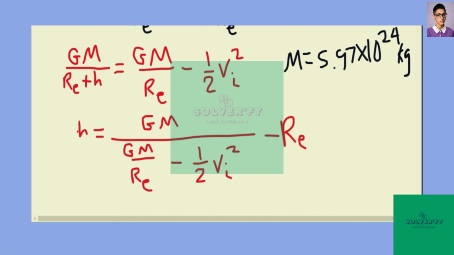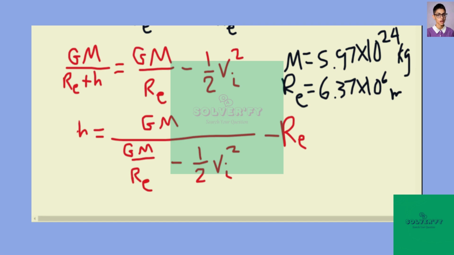So I'm just going to copy that. Over R_E. I didn't write that down yet. Radius of the Earth is 6.37 times 10 to the 6th meters.